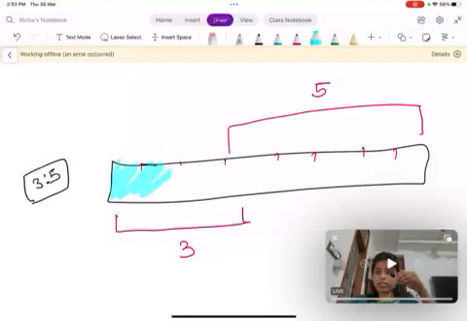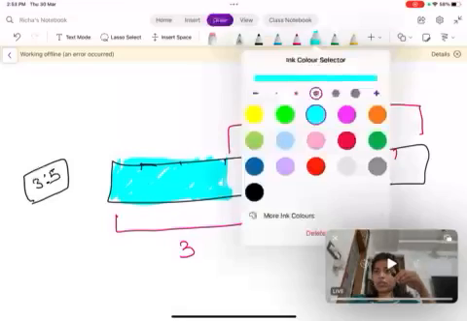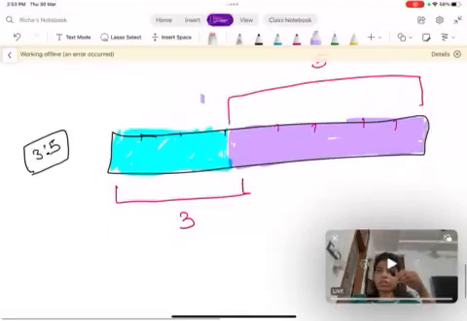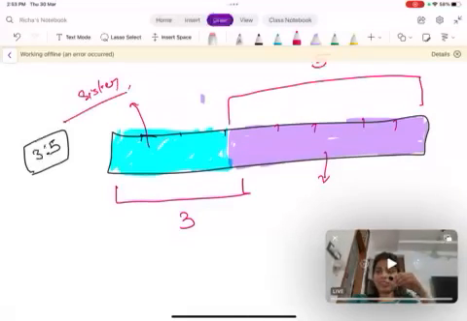This part is 3 parts, and the rest is 5 parts. Why do I want to divide it into 3:5 parts? Because this 5 part I'll eat, and the rest, the 3 parts, I will give to my sister. Very selfish. I am very selfish, and this I will keep for myself.